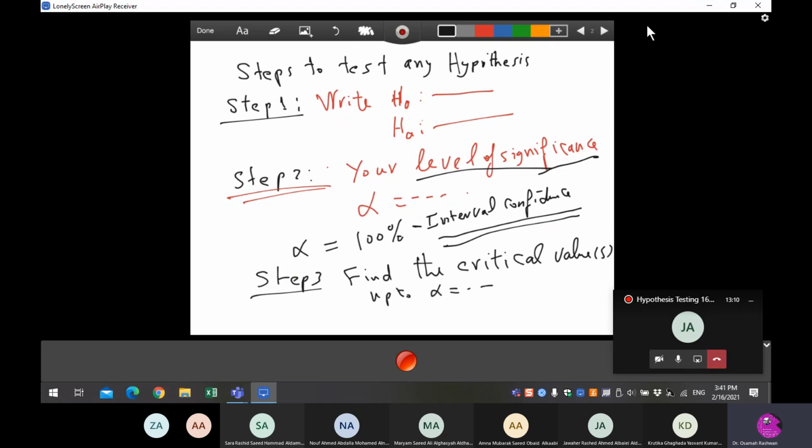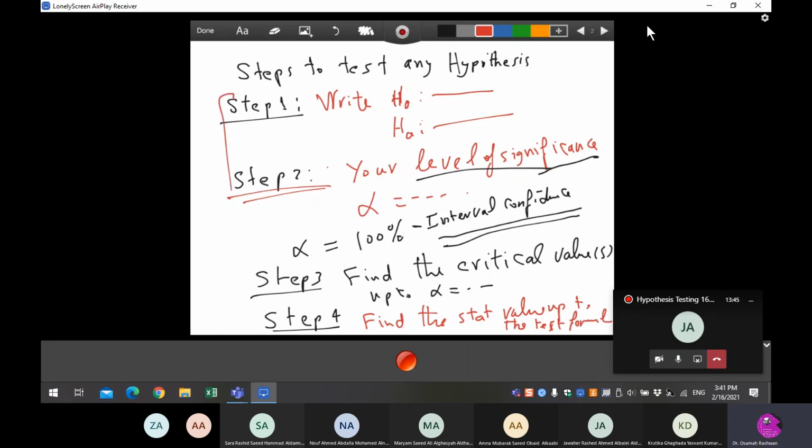Step 4: find the statistical value. Find the stat value, up to the test formula.